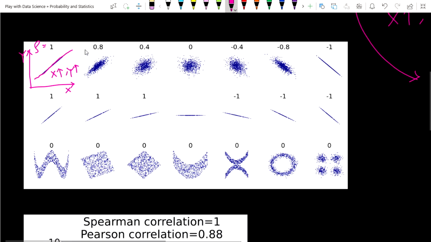But here if you see this picture, x increases and y also increases, but it is not lying on a line. These things are not lying on a line, they form a kind of ellipse. So because of that, its Pearson correlation coefficient value is 0.8, which means it's not a proper one.